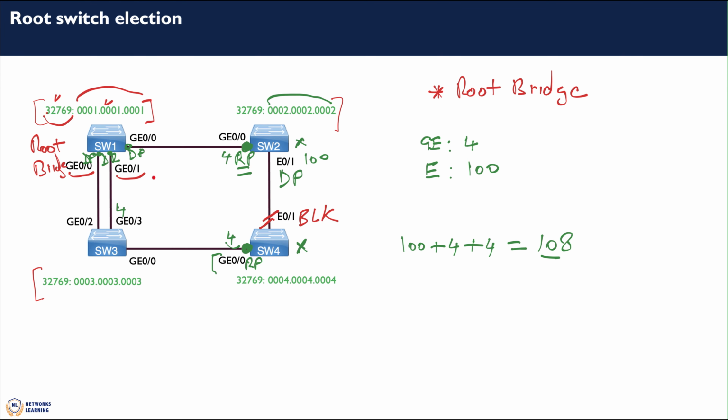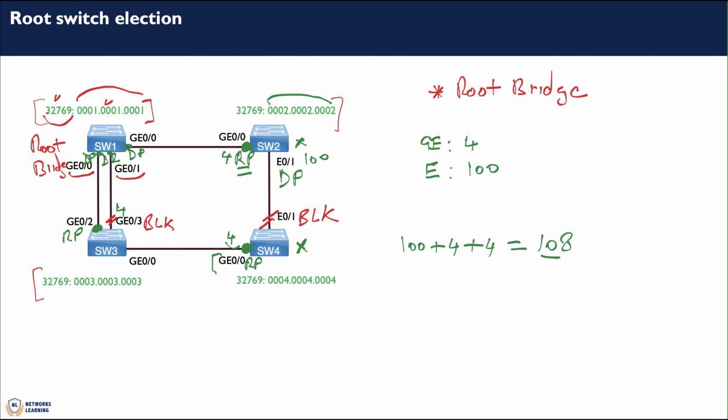And again, the lowest port ID on the remote switch is better. So from the perspective of switch 3, gigabit 02 should be the root port because gigabit 00 is lower than gigabit 01. So this gigabit 02 here becomes my root port. And to break the loop, gigabit 03 goes into blocking mode.